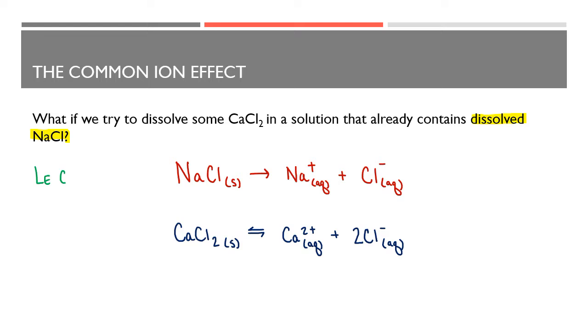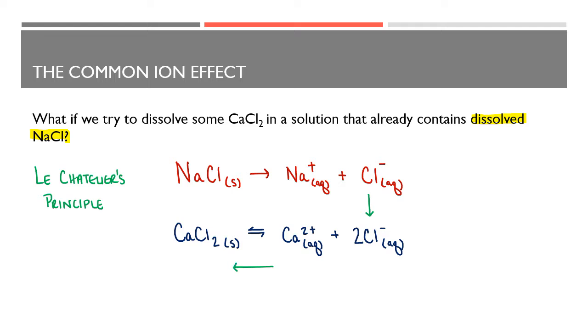Now what you're going to see here is an application of Le Chatelier's principle, and we're going to be looking specifically at what happens when we add a substance that's already part of the equilibrium. And you'll see that both reactions have chloride in them. So as we're dissolving this calcium chloride in water, there's already some chloride in it.